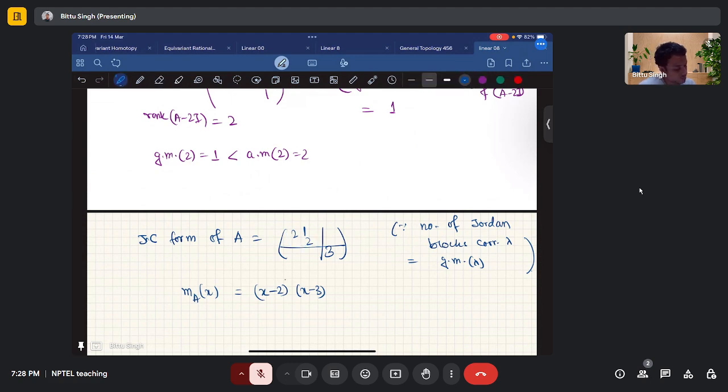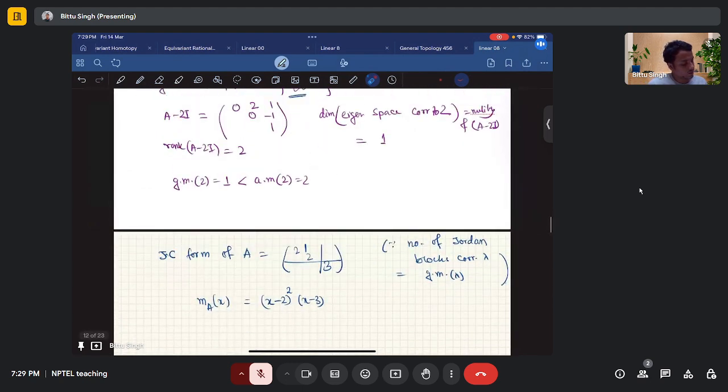So there will be x minus 2 whole square, because the degree of the factor x minus 2 determines the size of the largest Jordan block corresponding to 2, which has size 2.